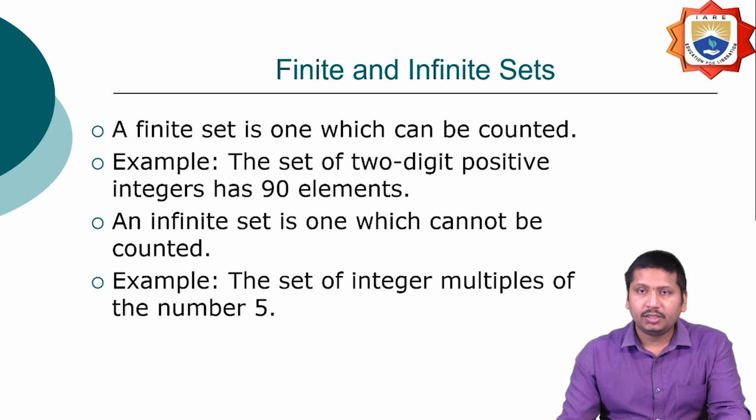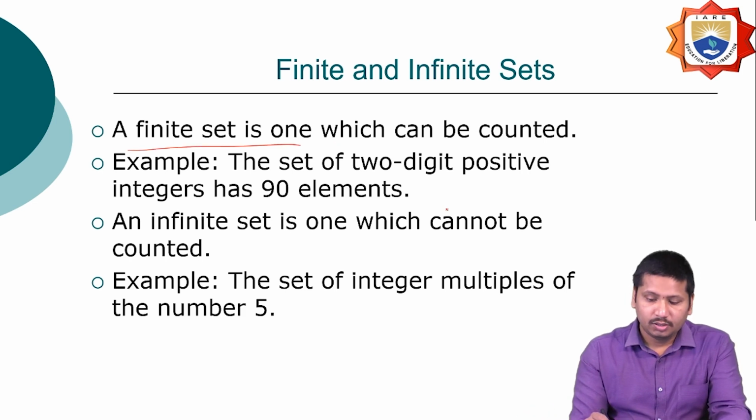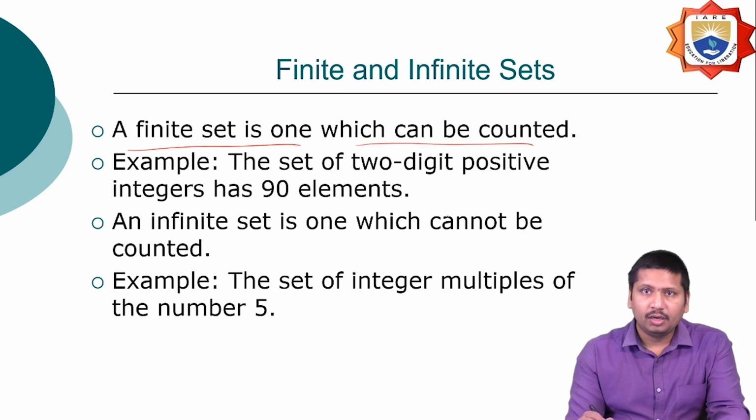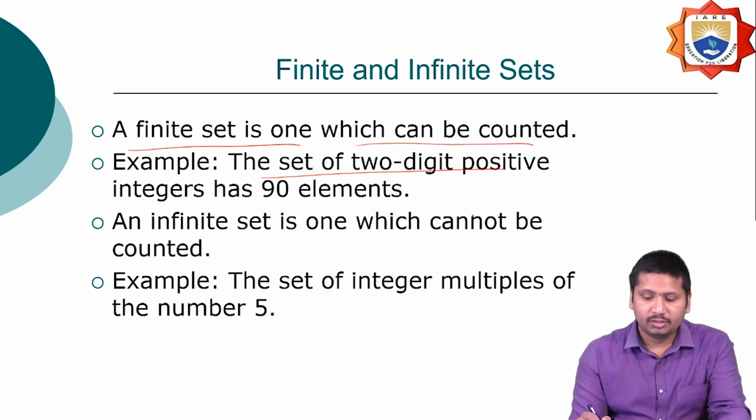Next one is finite and infinite sets. What is a finite set? It is one which can be counted. Finite means we can count the number of elements in the set. For example, the set of two-digit positive integers has 90 elements.